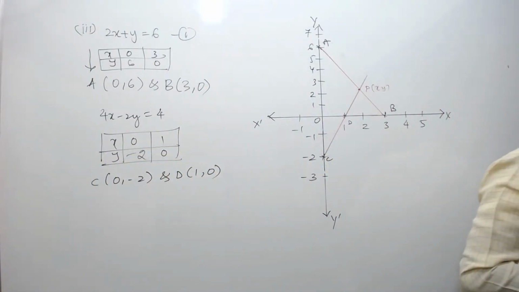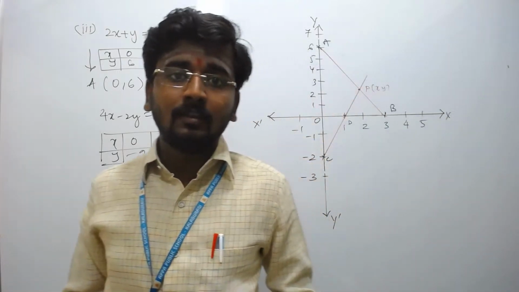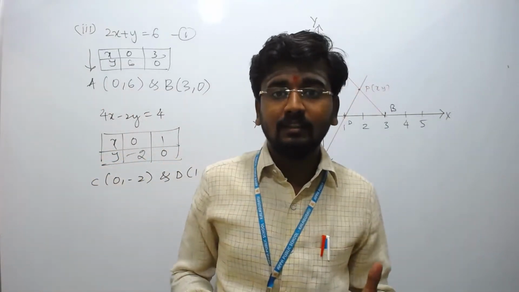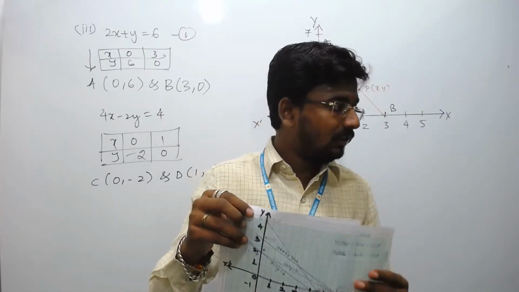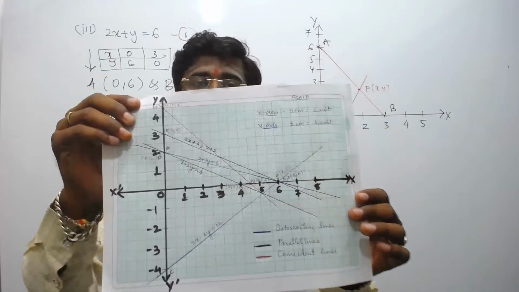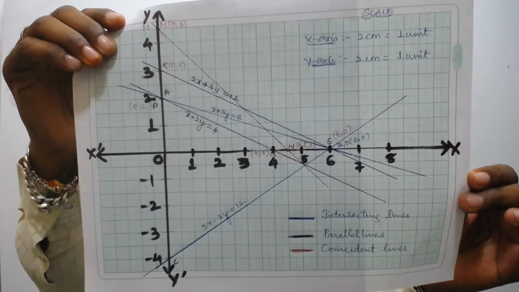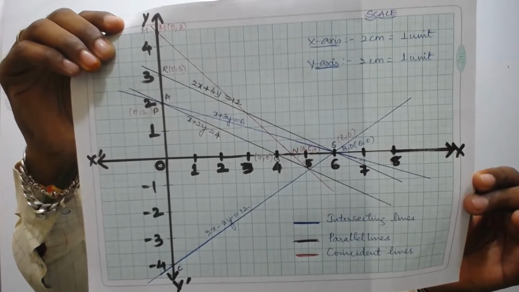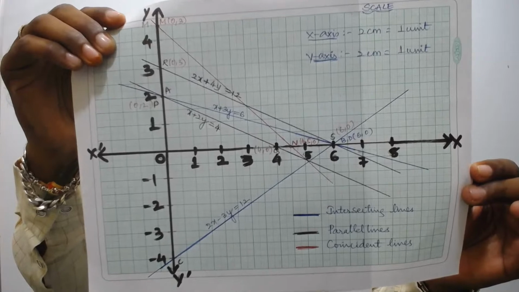Yesterday I said something. What if I draw all the 3 conditions in one single graph? So I have even done one assignment. I hope you can see this. Right? I hope everyone is watching this. There is a blue pen, black, and red.